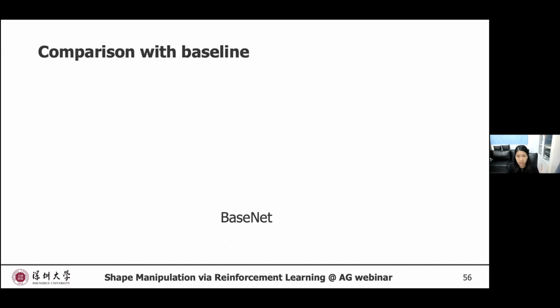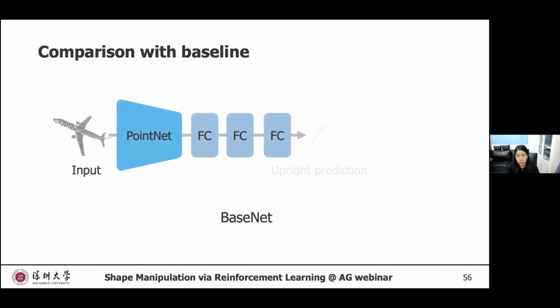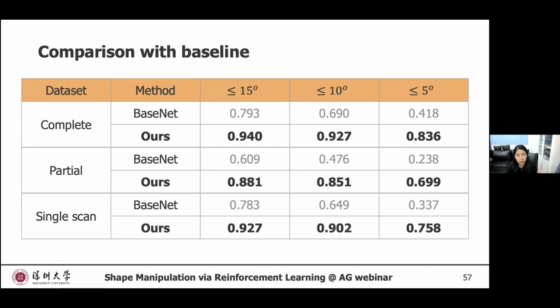And note that since we know the current upright direction of each point cloud during training, we also designed a network called BaseNet to predict such direction using supervised learning. This table shows a comparison between our Upright RL and the BaseNet on those 3 datasets.